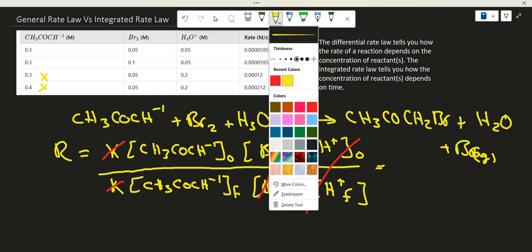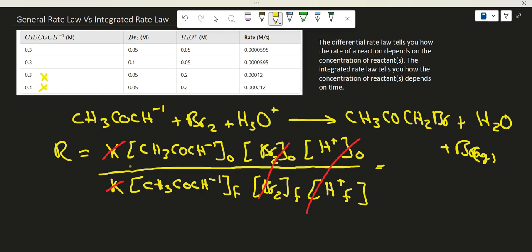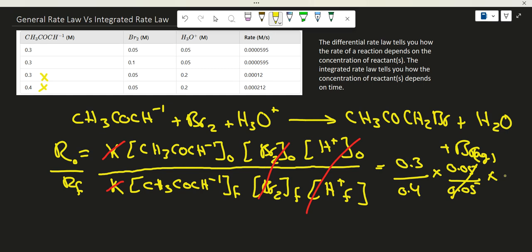And remember, since you're doing rate initial, it's also divided by rate final. So CH3COCH minus initial is 0.3, divided by final, which is 0.4, times the Br2, which is 0.005 divided by 0.005, and this gets cancelled out into 1.